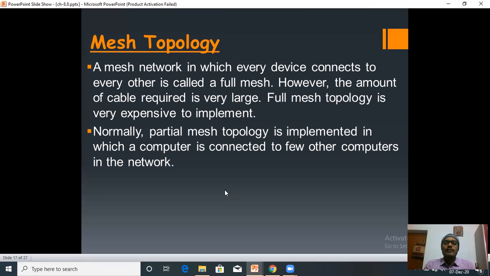However, the amount of cable required is very large, and full mesh topology is very expensive to implement. Normally, partial mesh topology is implemented, in which a computer is connected to a few other computers in a network.